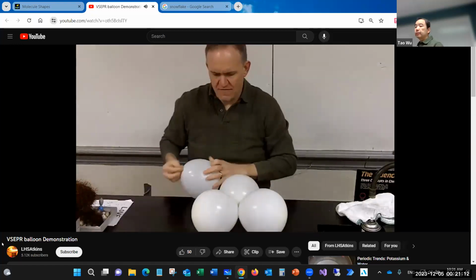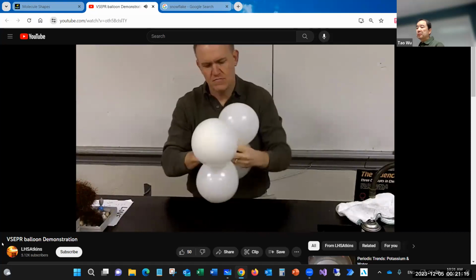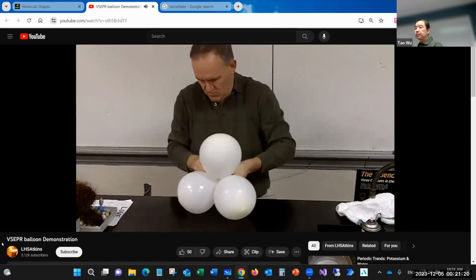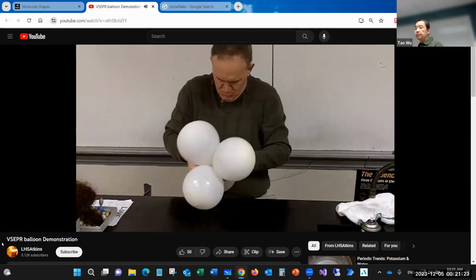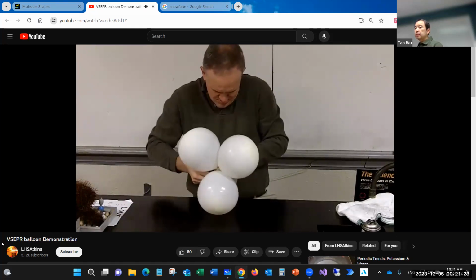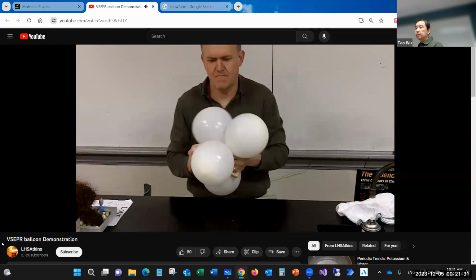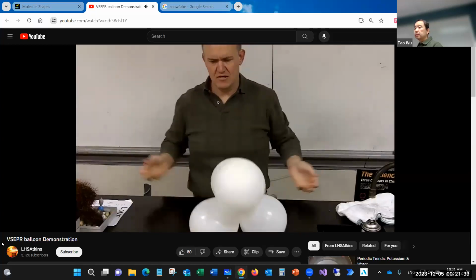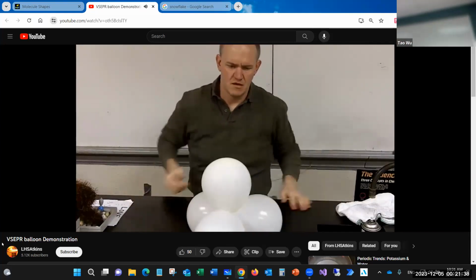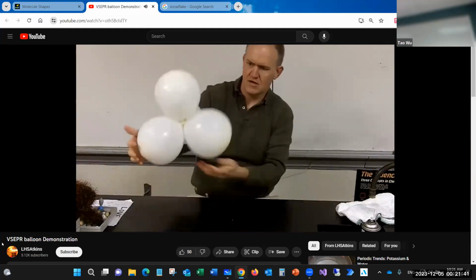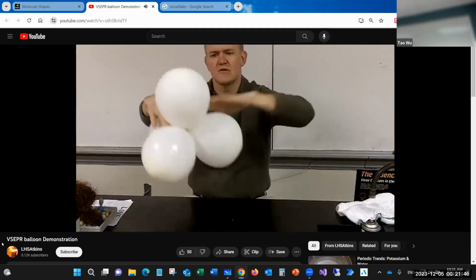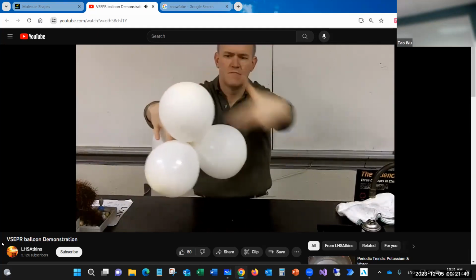If we then go ahead and throw a 4th pair on there, not easy to do. There we go. We can see that they take this sort of tripod arrangement, where, if you look at these real closely, the balloons are not flat, they're pointing down a little bit.